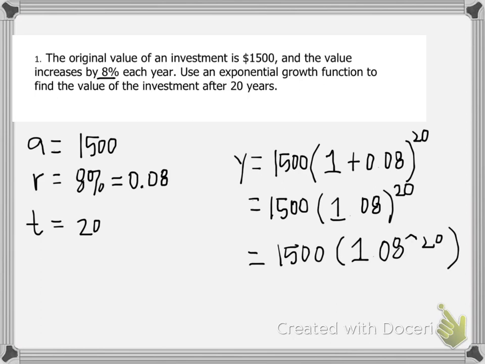It's going to be about 4.66096. It's a long decimal in there. Then you're going to multiply that value times 1,500.